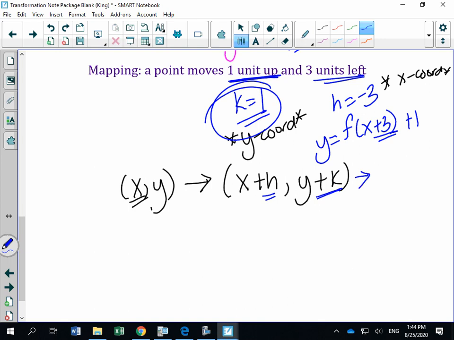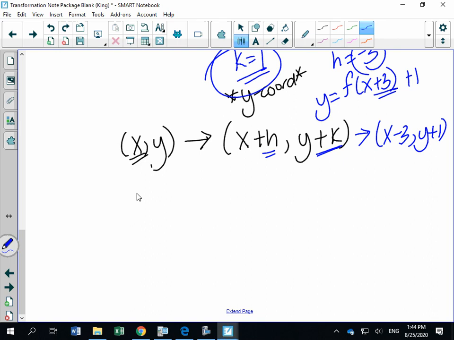So what this would be mapped, 1 unit up and 3 units left, would be x plus h, and h is negative 3, so that would be x minus 3, and then y plus k is 1. Okay? So again, if I gave you a coordinate, and let's say your coordinate was 3, 6 on the original graph.